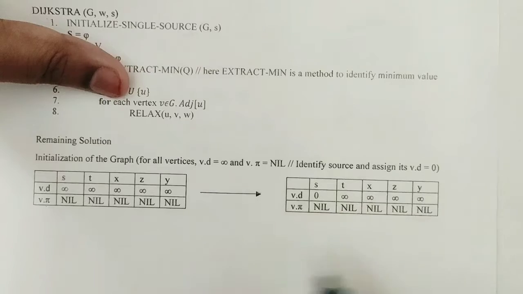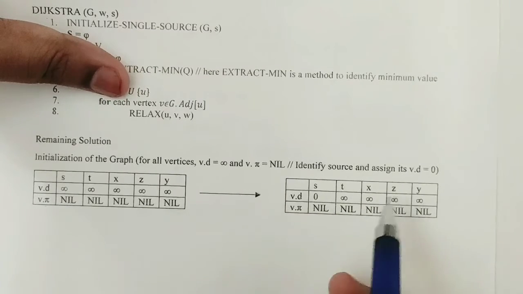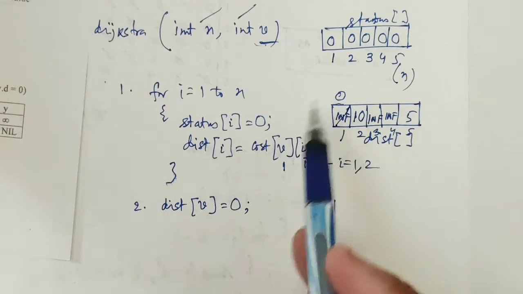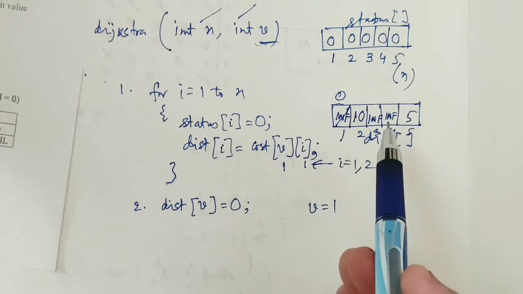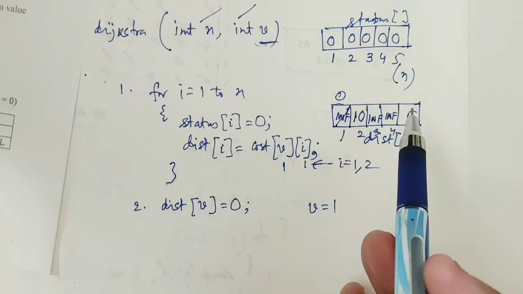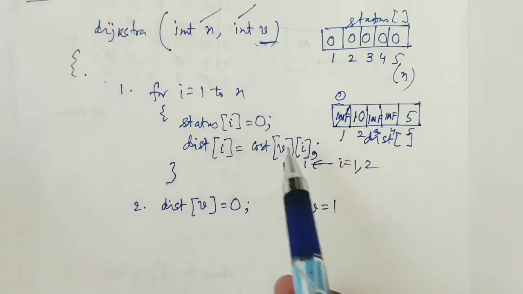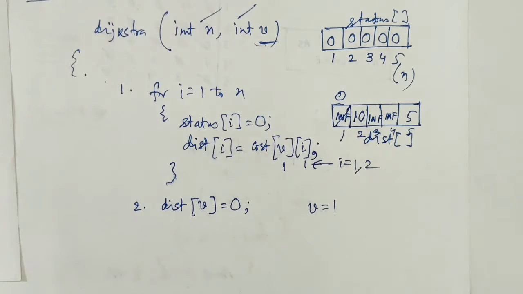So for this table, the first row only, forget about the pi value, is like the dist array. Okay, it maintains a minimum cost priority queue, and actually it is a queue.